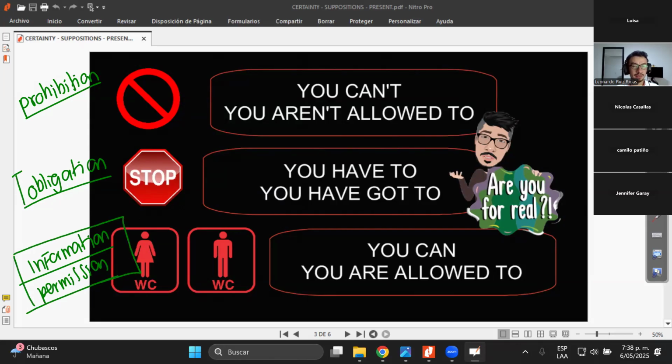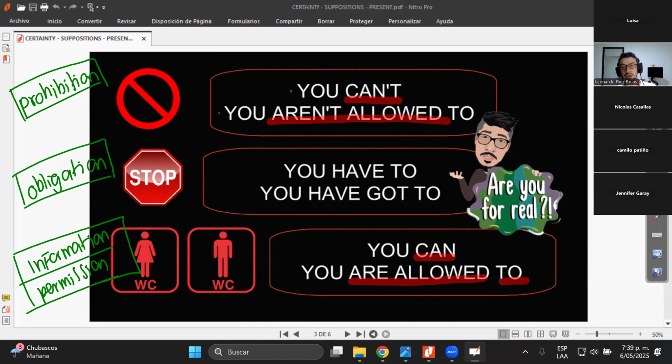Entonces, in that case, we have these three different categories of signs. And depending on the sign that I see, I am going to describe the meaning of that sign using different statements, right? For example, for prohibition, we gotta use can't, algo que es prohibido, o aren't allowed to. O sea, no estás permitido a, aren't allowed to, yes? Permission o information es el opuesto. Entonces, can o are allowed to, yes?